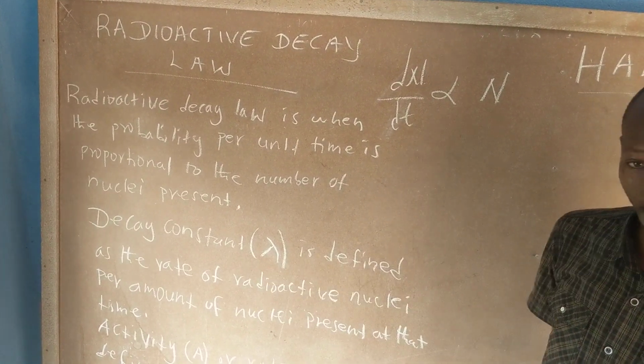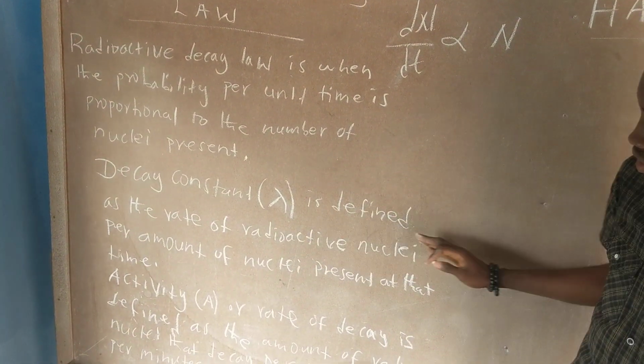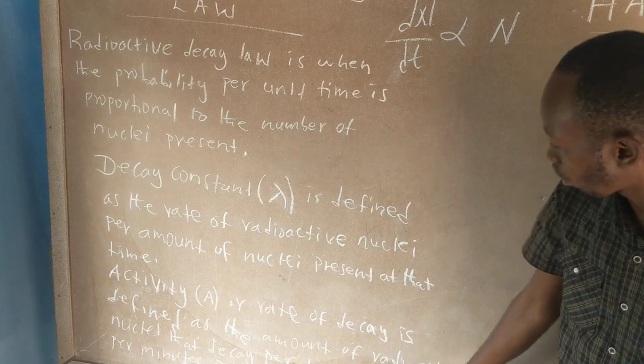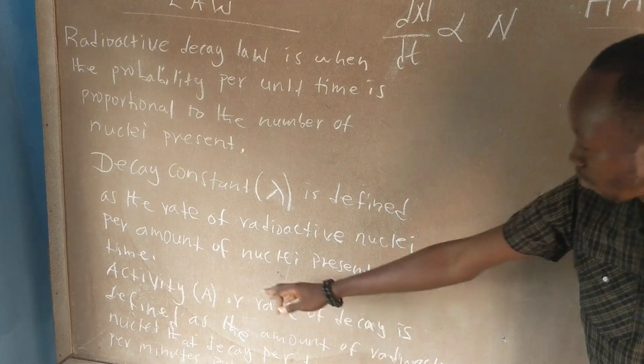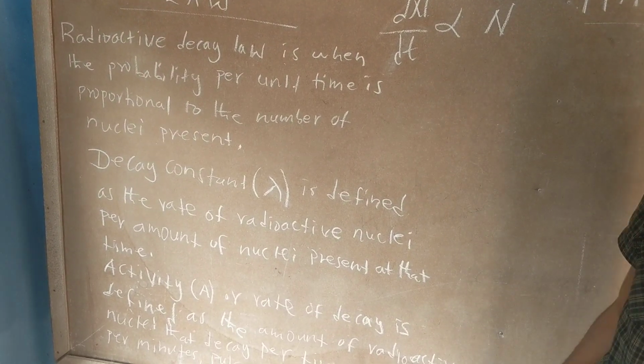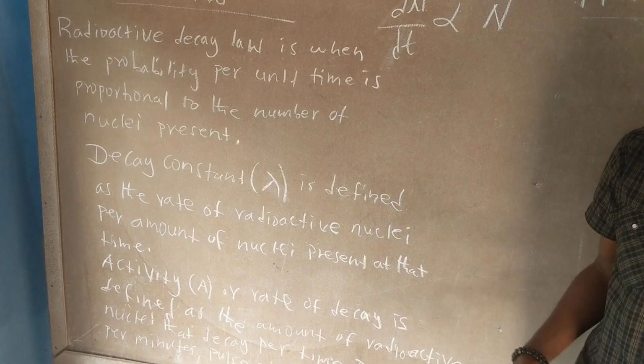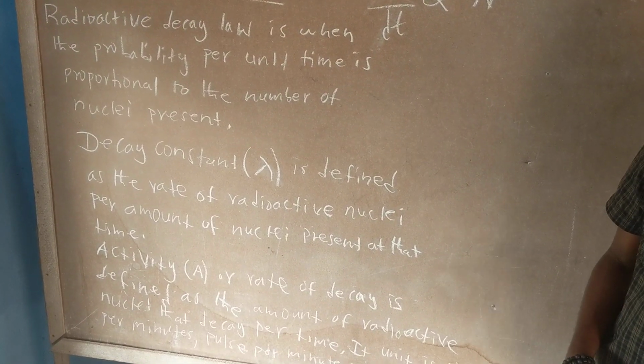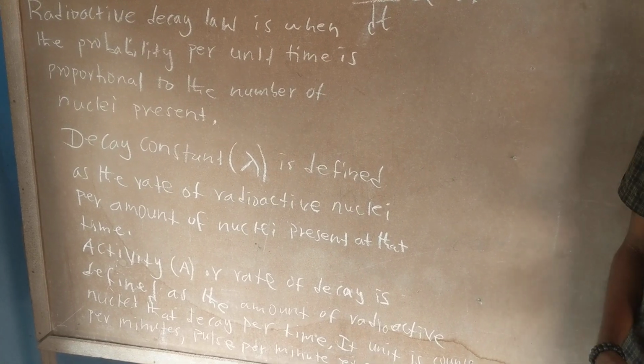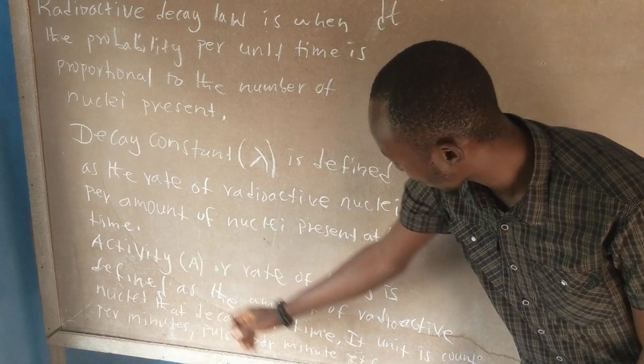What do we mean by decay constant? The decay constant is defined as the rate of decay of radioactive nuclei per amount of nuclei present at that time. Another term we have to consider is the activity.